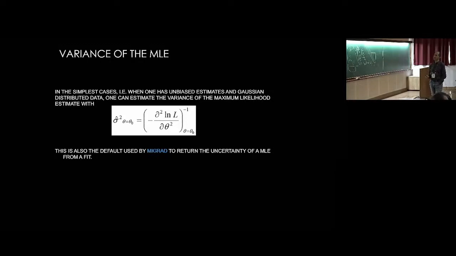And it is this expression which the Minuit fitting program returns when you invoke migrad. Migrad is a routine that was written in the 70s by Fred James and collaborators that will compute this for you when you maximize a likelihood numerically, okay? But you can compute this numerically yourself. Actually, we are going to do this in a moment.